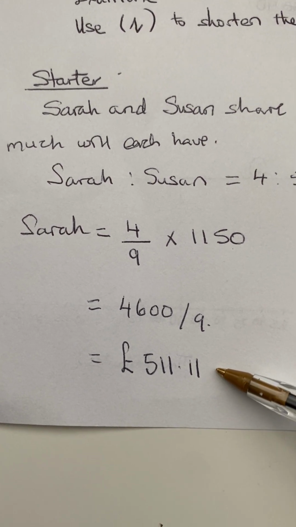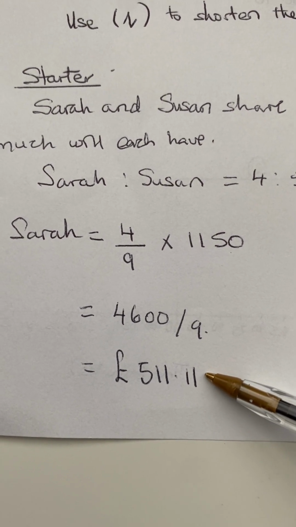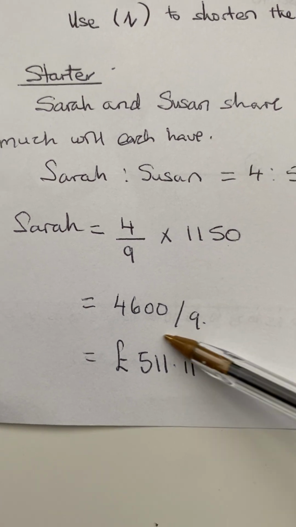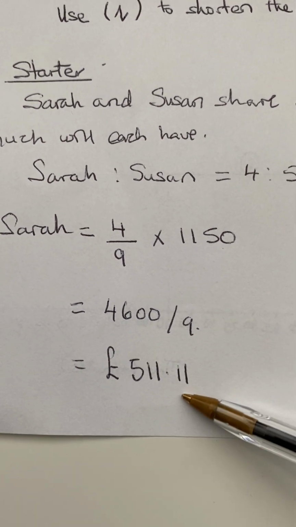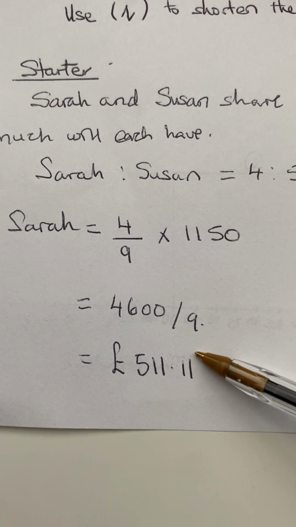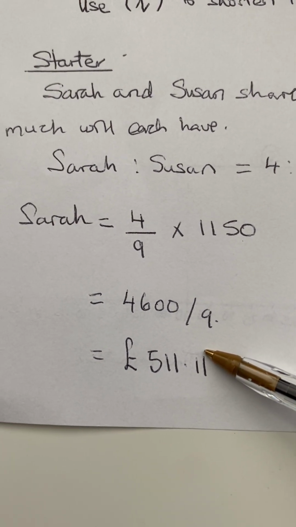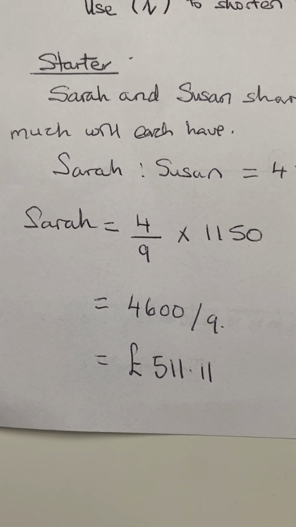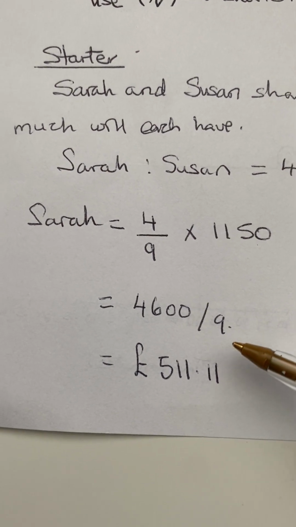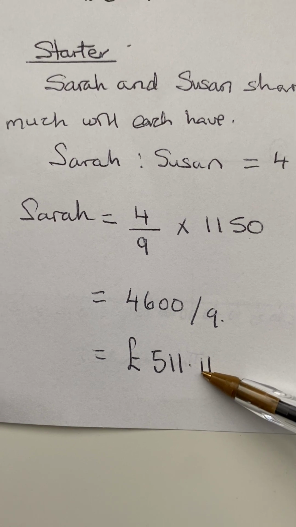This is money, and you can have 11 pence. So we can leave our answer as this, unless you are asked to give the nearest whole amount. But here you can leave the money as this.